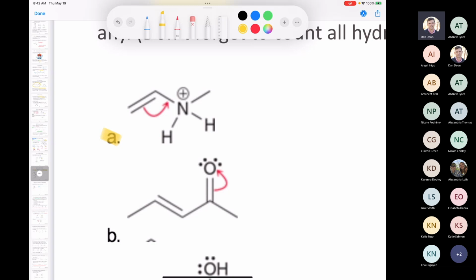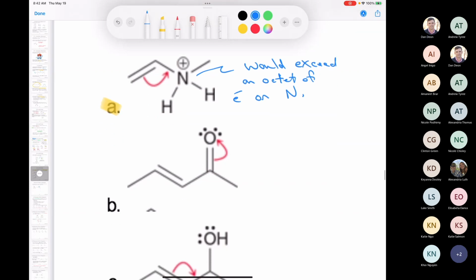And let's just make it simple. We'll write would exceed an octet of electrons on nitrogen. There we go. Good enough. Perfect. And my students, you guys answered that super quickly.